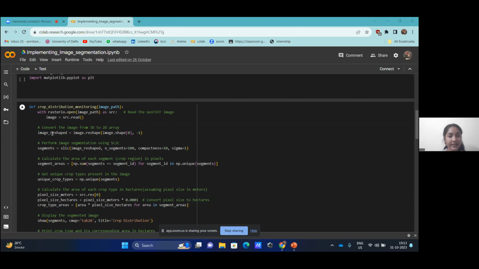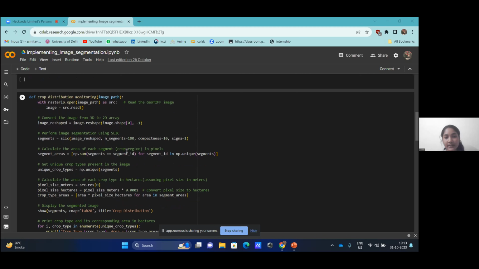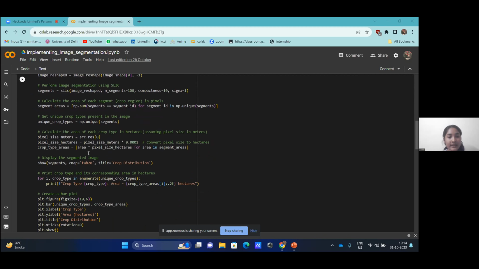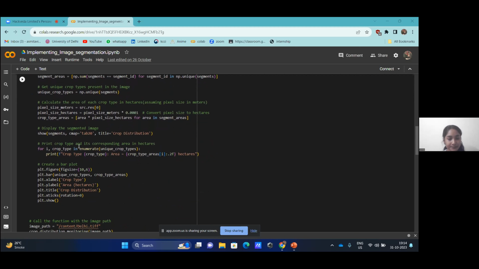And then we converted our 3D image to 2D using the reshape function. Then we performed image segmentation using the slic function and calculated the area of each segment in pixels. And then we calculated the area of each crop in hectares and displayed the segmented image. And in the end, we created a bar plot.